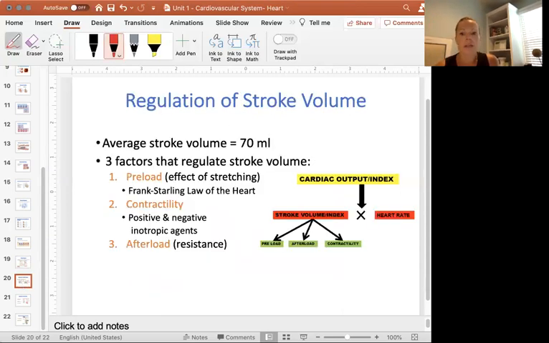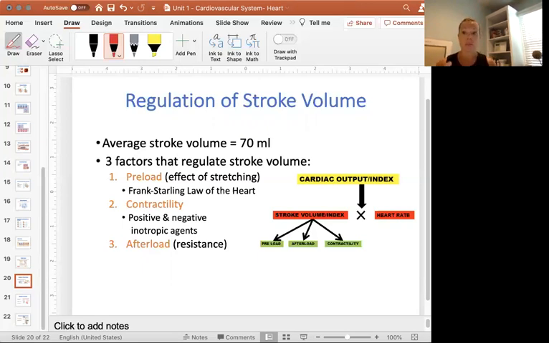Okay, so if we look a little bit more at stroke volume, remember that's the amount of blood that is pumped with every heartbeat. That is roughly 70 milliliters of blood. That amount isn't the entire amount of blood that is in a ventricle.